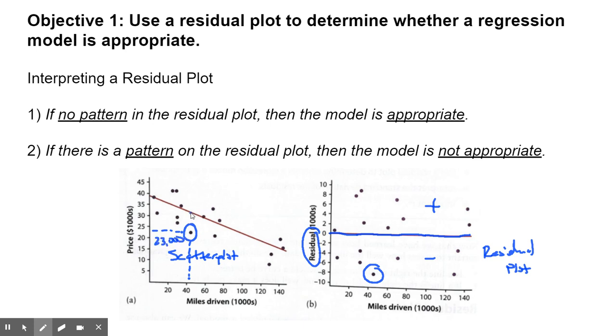But if we go up to the predicted y value, it's roughly 32,000. So if you take the actual and you subtract the predicted, that's going to be 23,000 minus 32,000. That's negative 9,000. And notice where this dot is, roughly around negative 8 or negative 9.